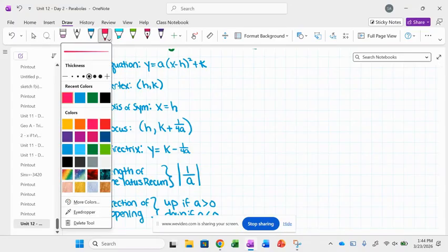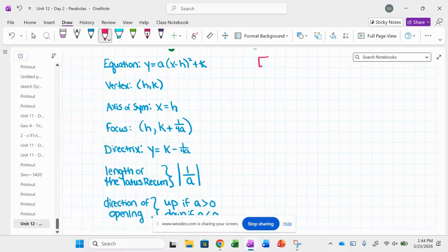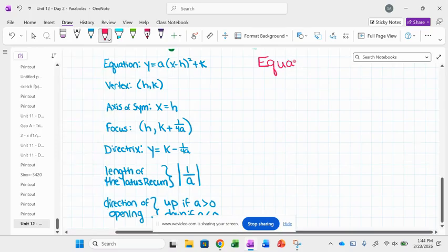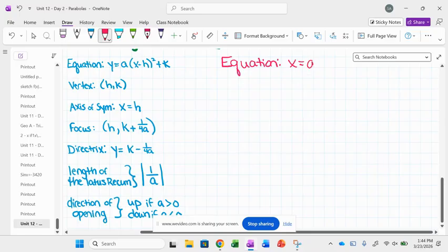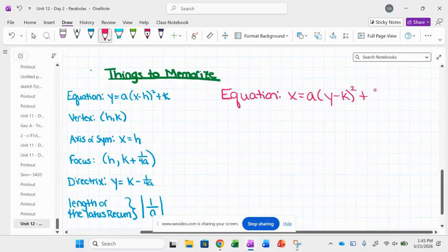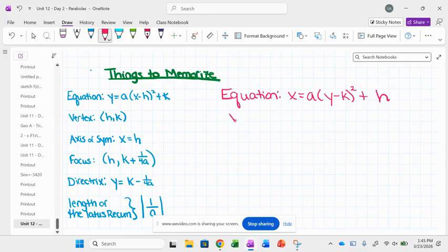Now let's talk about everything we need to memorize for our inverse parabola. So our vertex stays the same. It's going to be h comma k. Our axis of symmetry. So now the axis, since it's a sideways parabola, is our axis of symmetry a vertical line or a horizontal line?